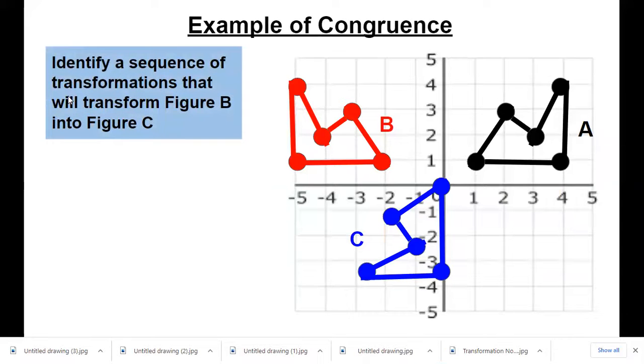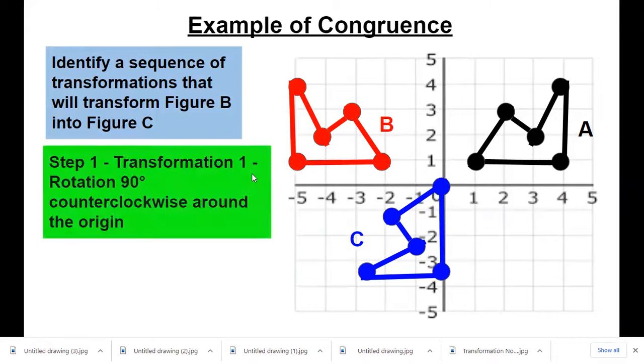Identify a sequence of transformations that will transform figure B, the red one, into figure C, the blue one. Can you tell what happened now? Is there a reflection? Is there a translation? Is there a rotation? Step 1, there is a rotation, and then you have to figure out how many degrees: 90 degrees counterclockwise.